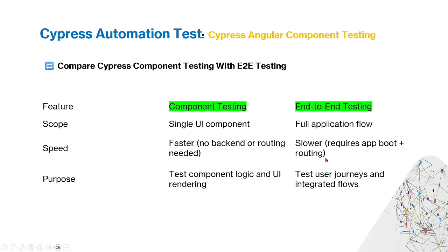End-to-end testing is slower, requiring the application to boot and routing. Purpose: test component logic and UI readiness. End-to-end tests user journeys and integrated flows.